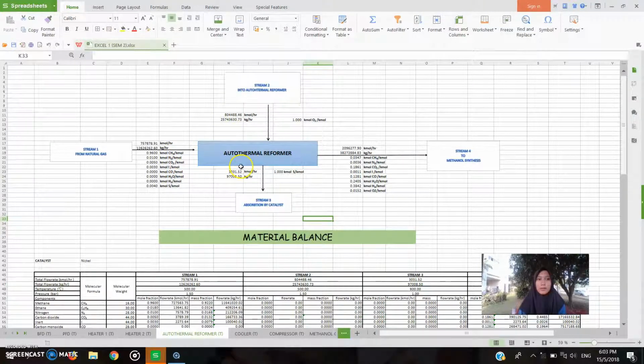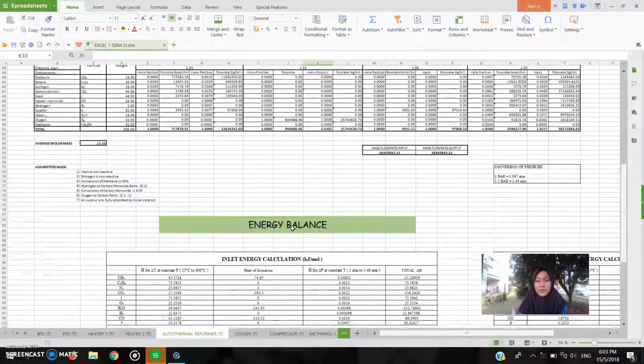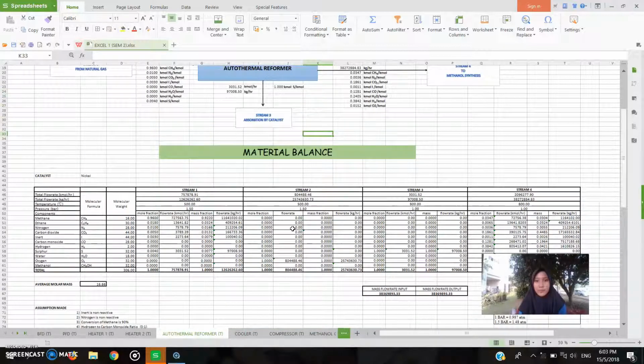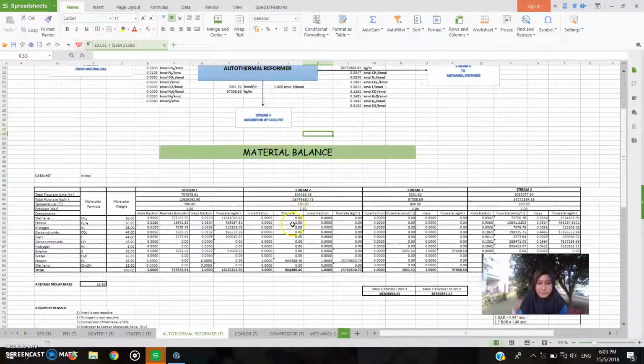Then it will increase from 800 to 850, and also with different pressure, which is from 1.5 bar to 1 bar.